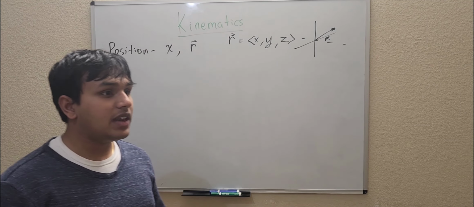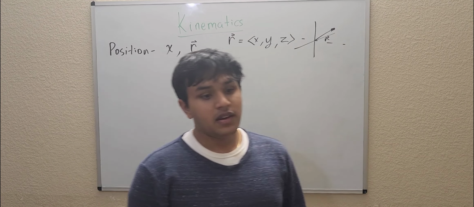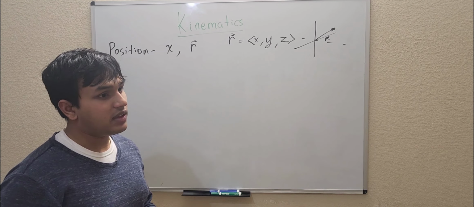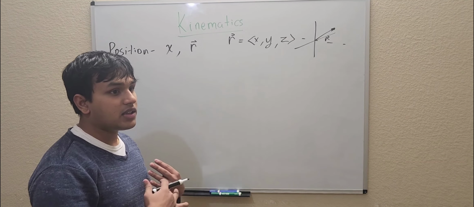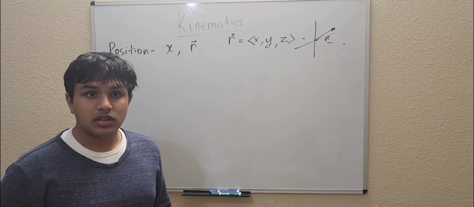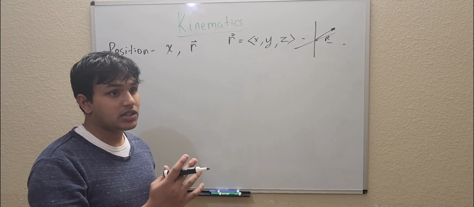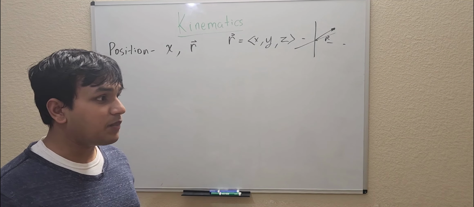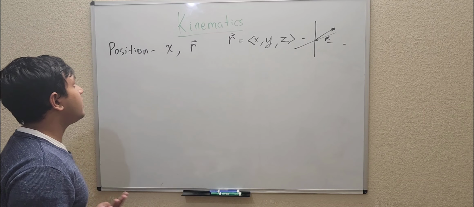I need to specify a direction for my displacement. Generally, the accepted coordinate system in physics is that right is positive in the x direction, left is negative in the x direction, up is positive in the y direction, down is negative in the y direction. Those are the accepted conventions for coordinates in physics.